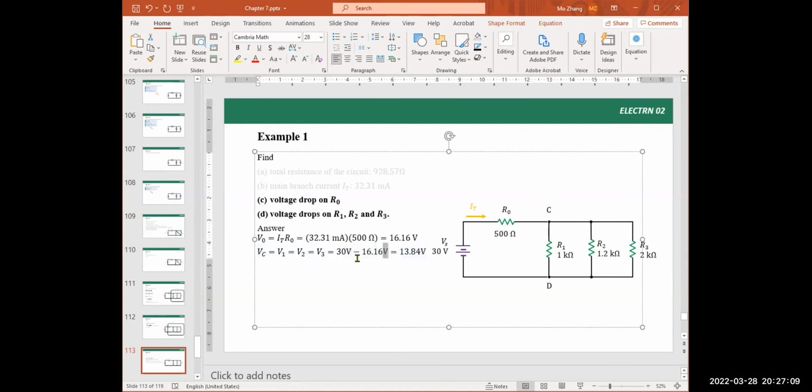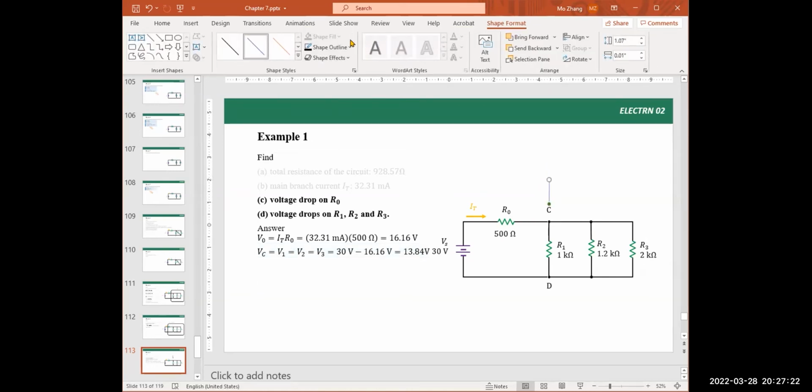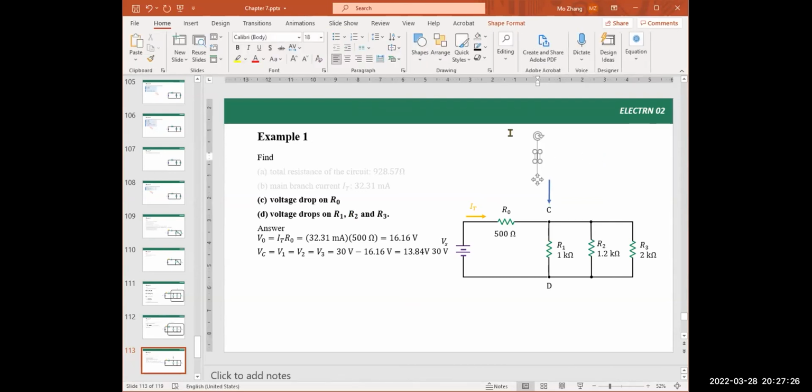So 30 minus 16.16 volt equals 13.84 volt. The voltage at this point equals 13.84 volt.